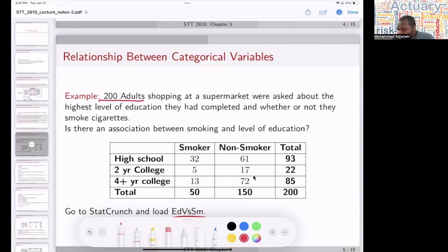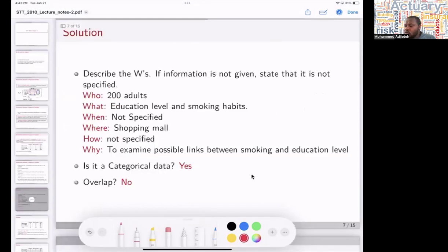Where? Supermarket. When? Wasn't specified. How? It also wasn't specified. And then why? To determine if there is an association between smoking and level of education. So these are the answers for that.